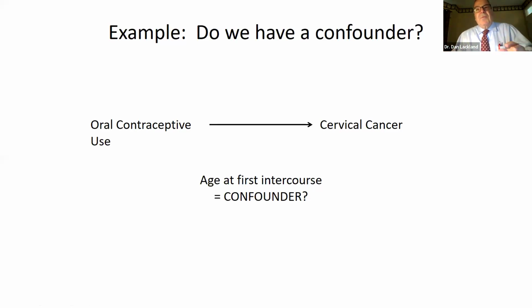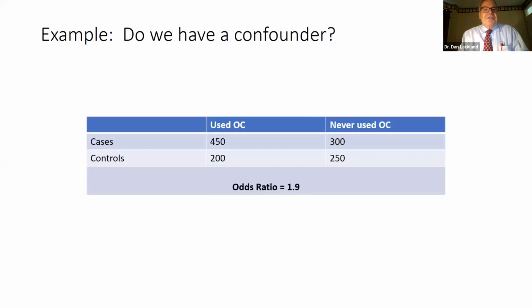This would be one where you're kind of doing your study design, you're starting to look, but also something for you to turn around and consider, do we have a confounder? So the first question is just that, do we have a confounder?